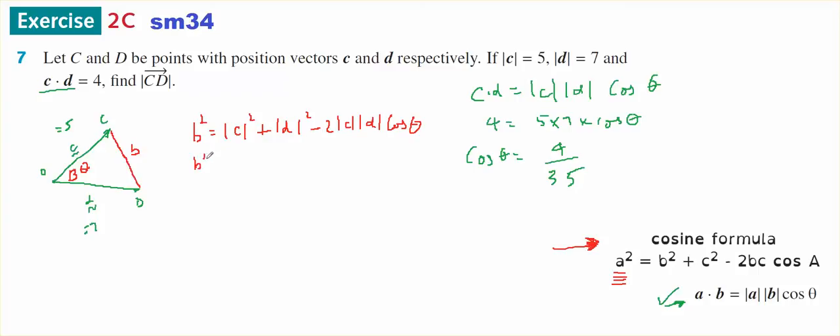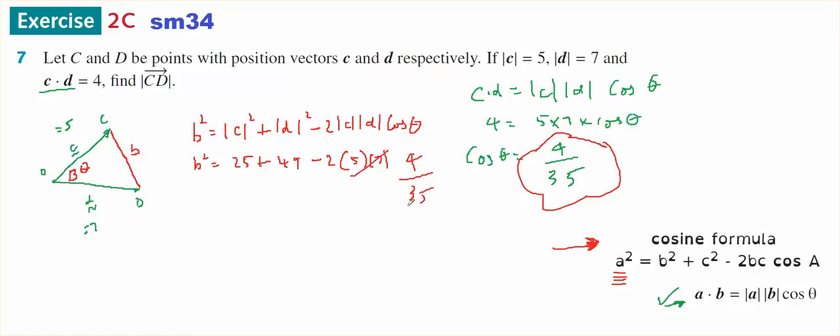So B squared should equal C squared, which is 25, plus D squared, which is 49, minus 2 times 5 times 7 times the cos of theta, and the cos of theta is 4 on 35.